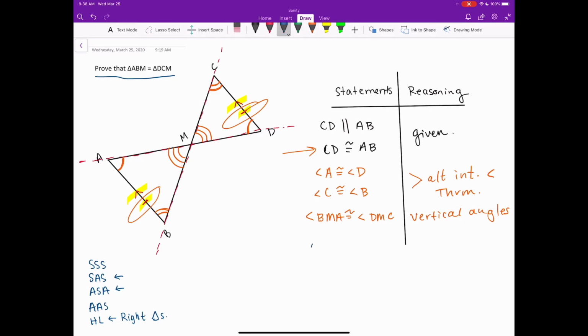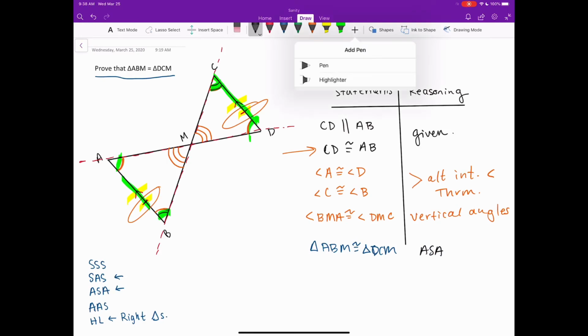We could say that, because now we're on our final step, triangle ABM is congruent to triangle DCM. We could say that this is by angle, side, angle. All right, we've got an angle, an included side, and then an angle. So we could say by angle, side, angle.